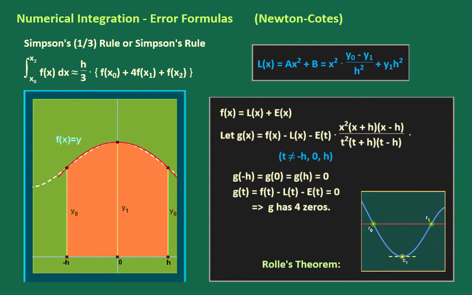The function g in our derivation has 4 distinct zeros. Therefore, there must be 3 gaps formed by these 4 zeros, with each gap having at least 1 zero of g prime. As a result, g prime will have at least 3 distinct zeros. These 3 distinct zeros are guaranteed by Rolle's theorem. But there is a fourth 0 whose existence we can confirm.